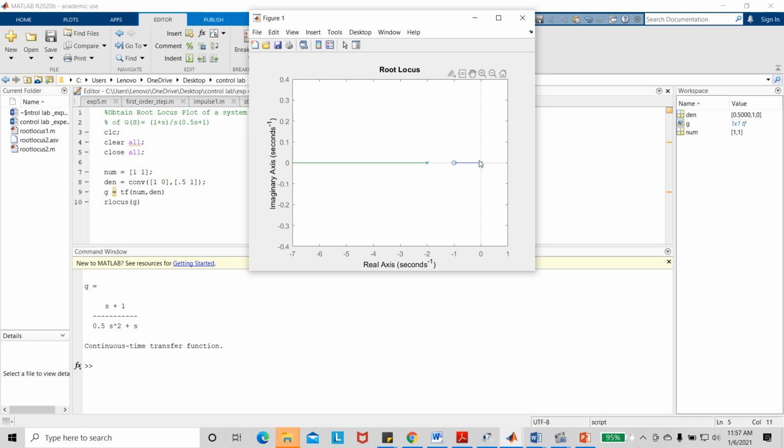Poles start at k = 0 and end at k equal to infinity. Similarly, at this point the value of gain k is 0. This plot is also on the left hand side of the s plane for each value of gain k. So this system is also stable.